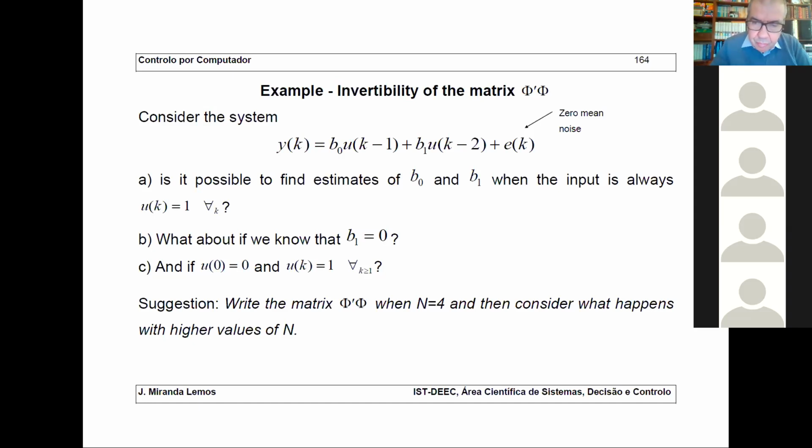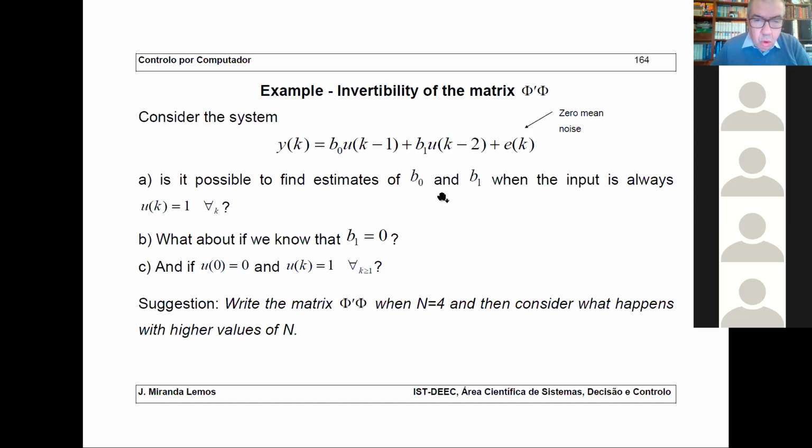Why? Because we have two unknowns and only one equation. We have two unknowns, b0 and b1, and u is constant. So y is b0 plus b1 times 1 times the data. All the equations that we observe are always related to the sum of b0 and b1, if u is constant.